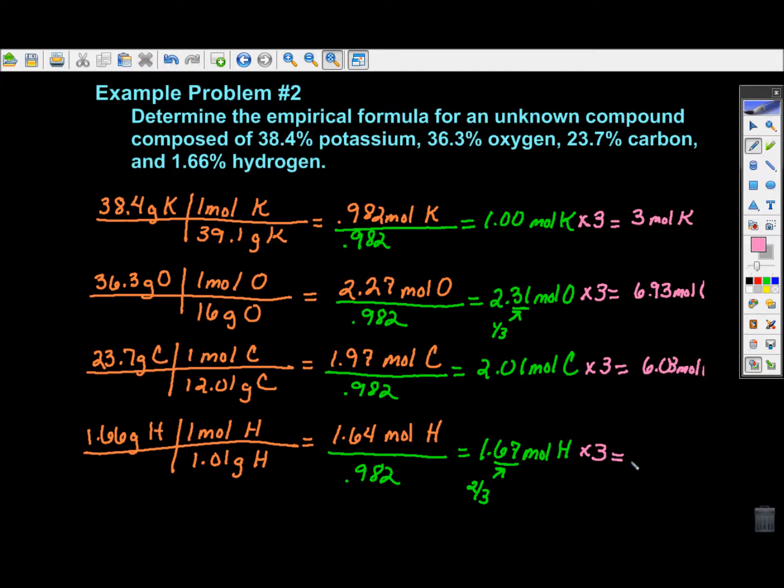And then right here, 1.67 times 3 is going to be 5.01 moles of hydrogen. So now that I have these whole numbers, these that are very close to whole numbers, I can round them. I can go ahead and write my formula.